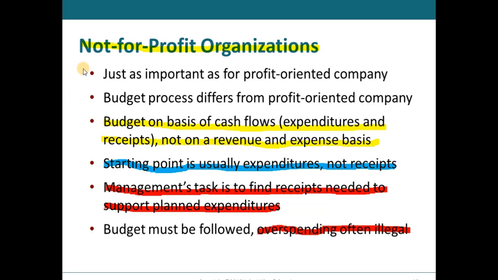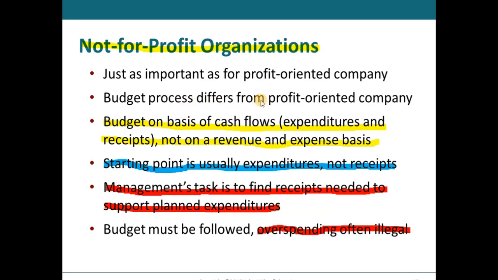If we want to make a budget for a not-for-profit organization, it is just as important as for a profit-oriented company. The budget is very important for not-for-profit organizations, NGOs, as for profit-oriented companies.